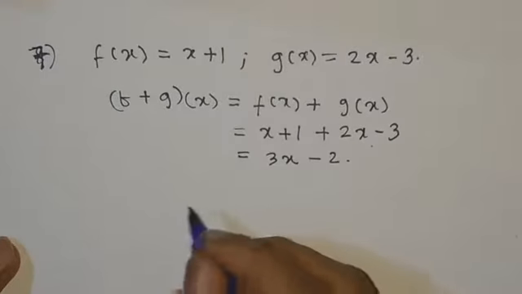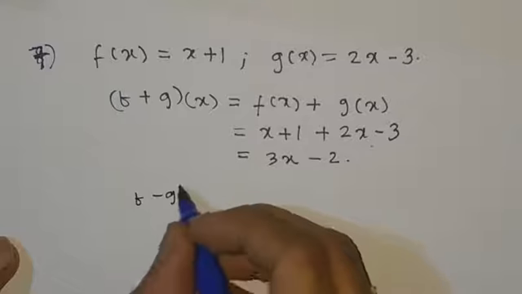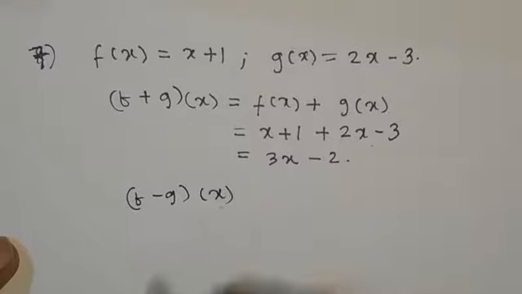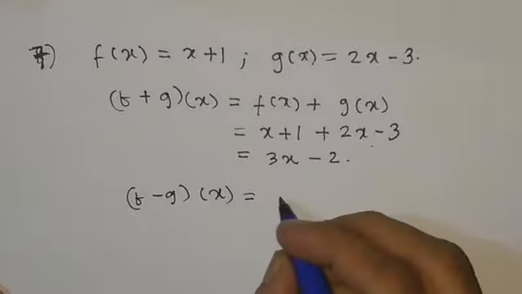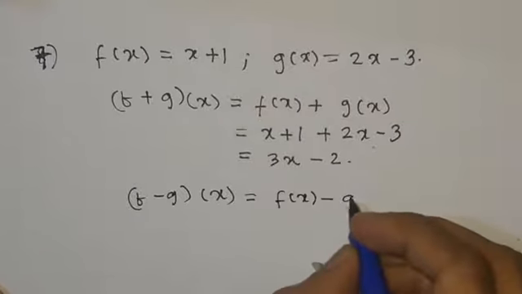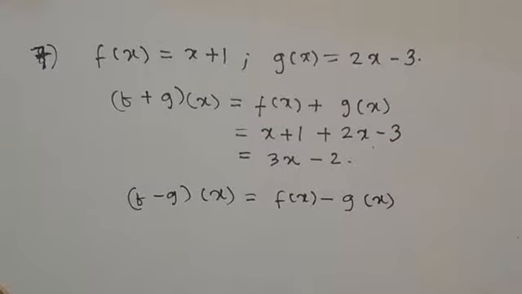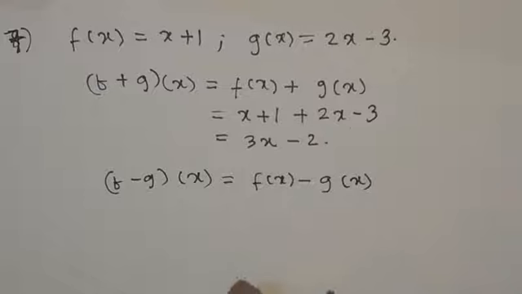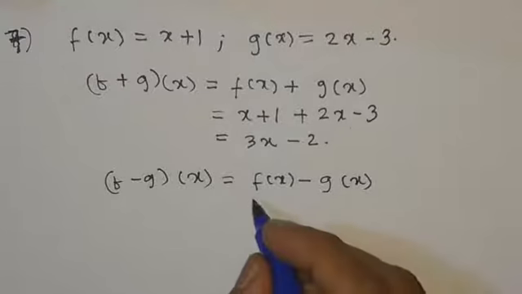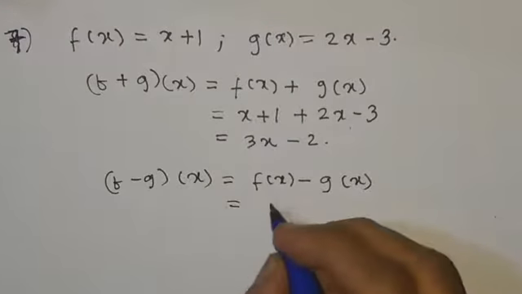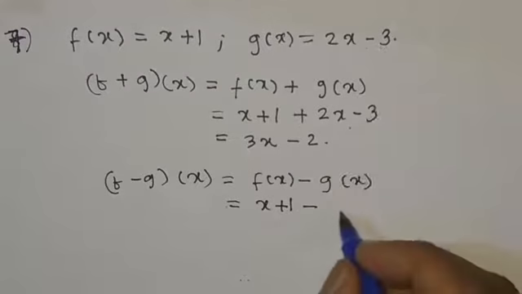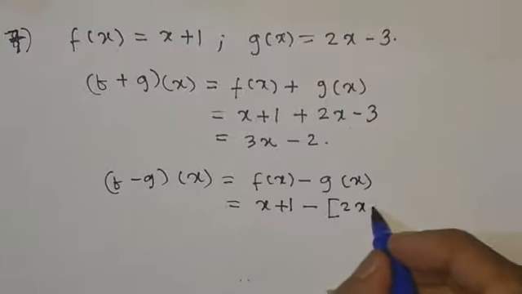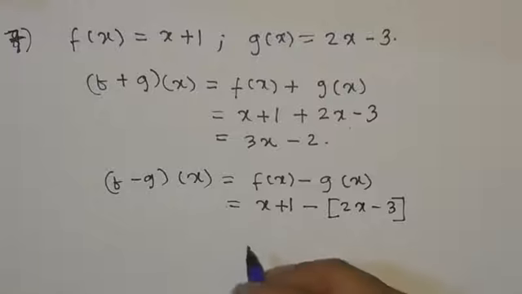Now let us find f - g. So (f - g)(x) will be f(x) - g(x), again by the definition of f - g. So f(x) is given as x + 1 minus g(x) is given as (2x - 3).